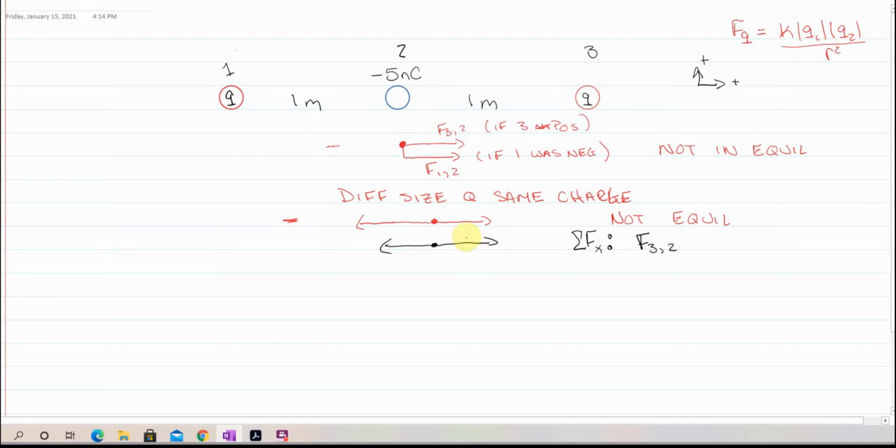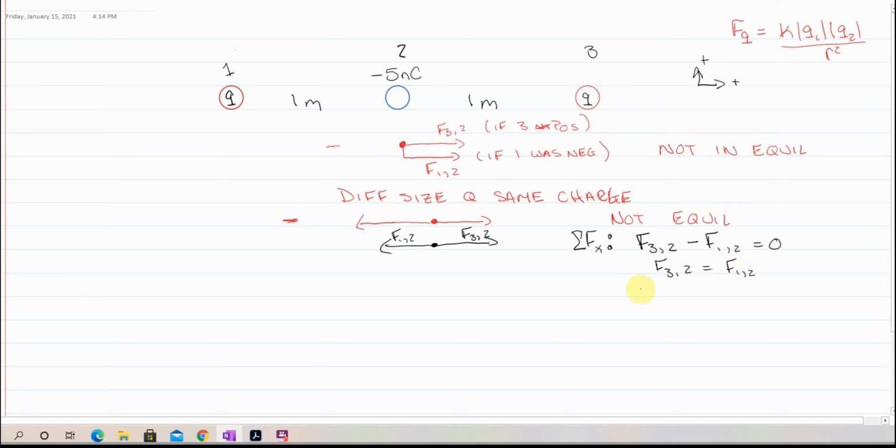Oh, no, it's attracted. I made them positive. Okay, so this would be force 3 on 2 and this would be force 1 on 2. So force 3 on 2 minus force 1 on 2, and for this thing to be in equilibrium, that equals 0. So that means that my force 3 on 2 equals my force 1 on 2.